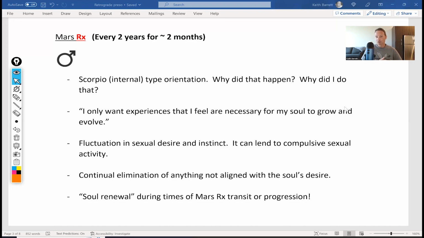When Mars goes retrograde, it's like soul renewal. So either Mars retrograde in general, or Mars retrograde in progression, like I talked about progressions in the beginning, is a time of soul renewal. So think of this in your natal chart as Mars retrograde. Your soul expression is going to be really important with this symbol in your natal chart.